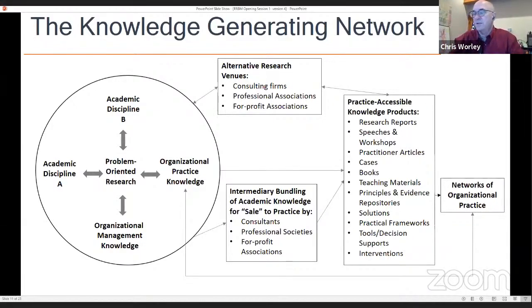And so there's a social network here, and there's a network of products and services and outputs that give you a chance to position yourself in this world and give you a sense about what you need to do, where you need to go, who you need to talk to.